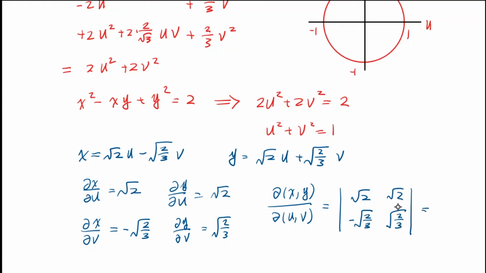This way, 2 over √3 minus, so we get 4 over √3. You with me? Okay then.